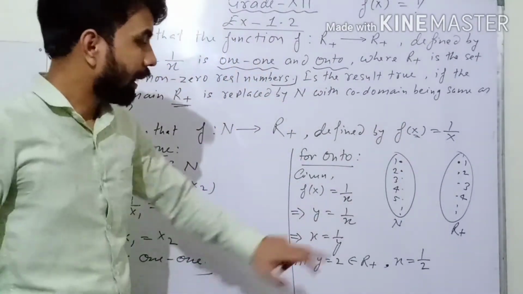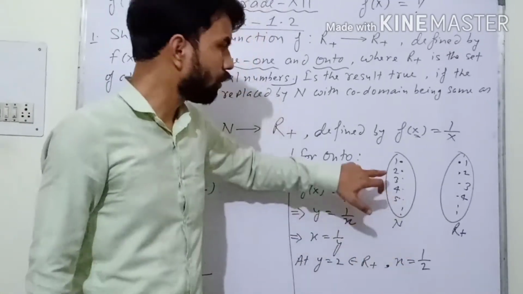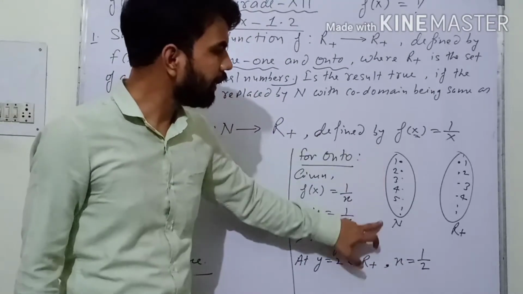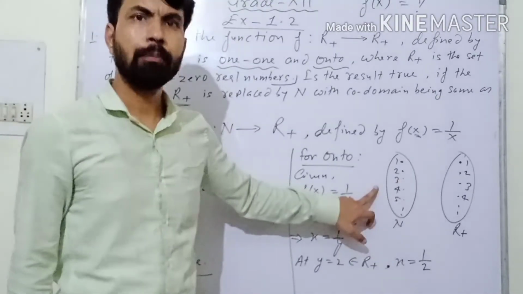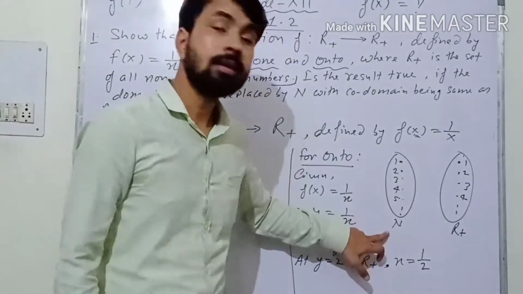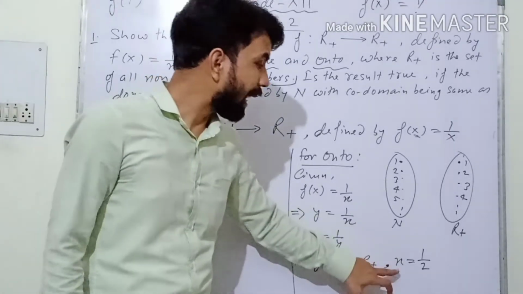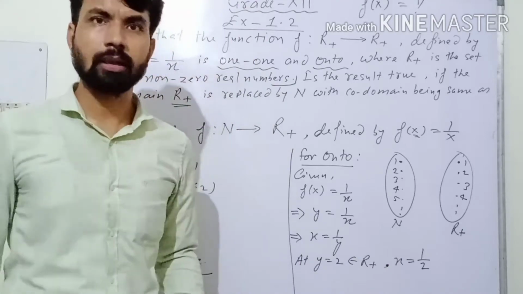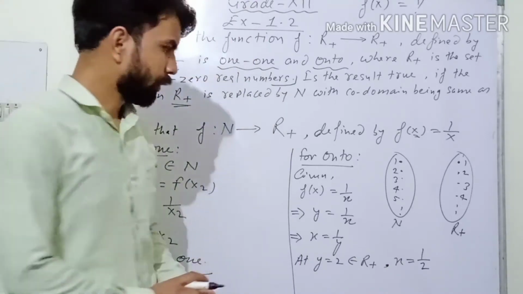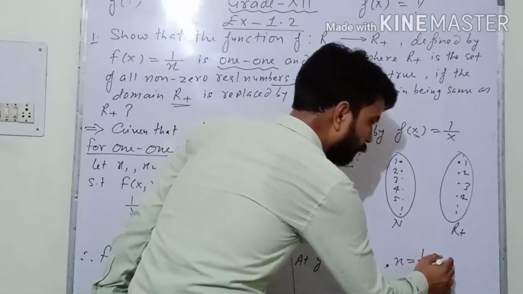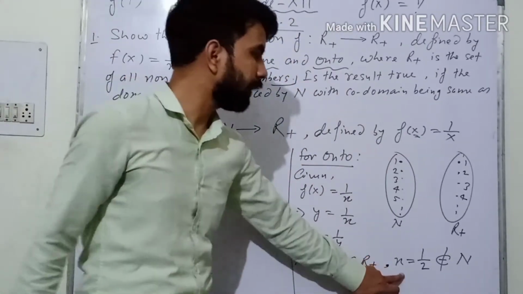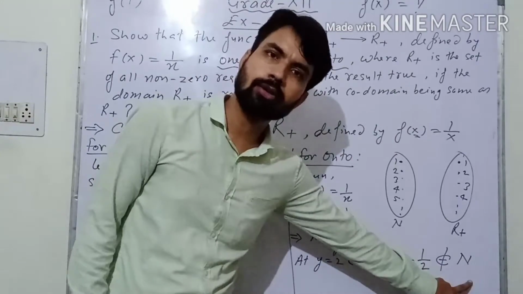Now tell me, x should belong to the domain. So 1 upon 2 will lie in this domain? The domain is a set of natural numbers, so x should be a natural number. But 1 upon 2, we know, is not a natural number. Am I right? So x equals 1 by 2 does not belong to N, it does not belong to its domain.